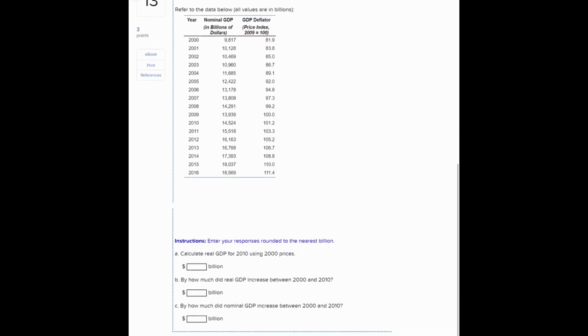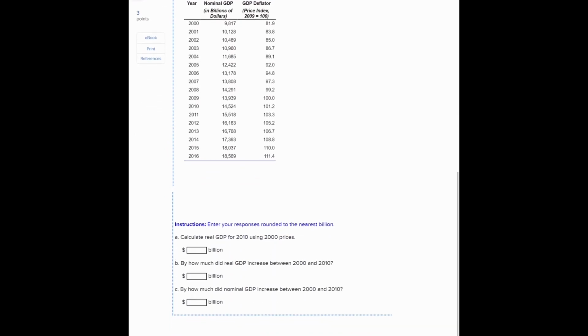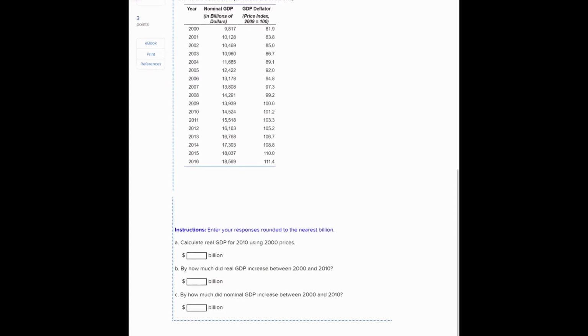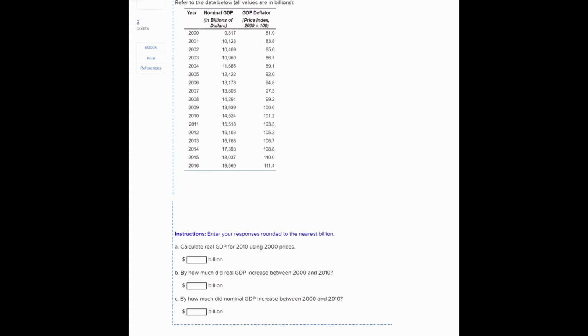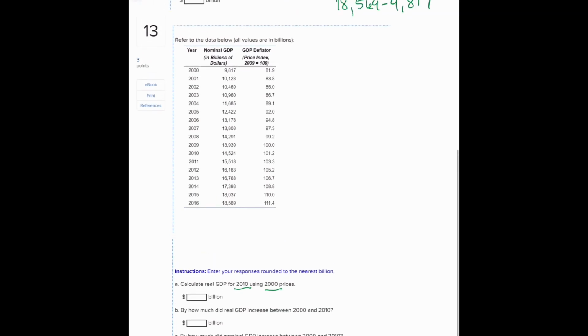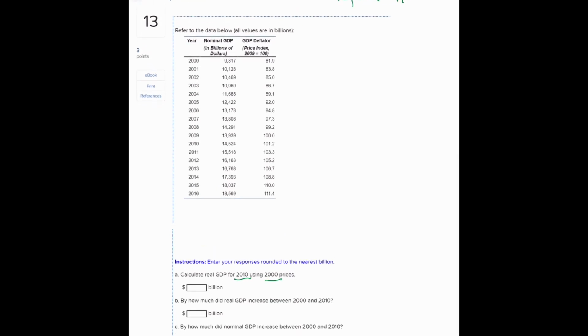Okay, so you've got the calculations there. 13 is the same problem. It just gives you another chance to practice it. So I'll just remind you how to set it up. A is calculate real GDP for 2010 using 2000 prices. So we're going to use that same formula as before.